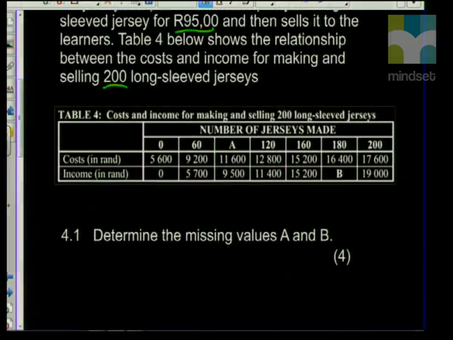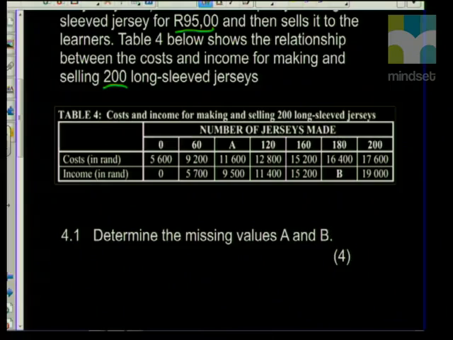So the first thing is that we've got a list of expenditure, we've got a list of income, and it's on a table. The first question is for us to complete the missing values, both A and B. So A is the number of jerseys made. Now, what we need to do is recognize that we know what the cost is per jersey.